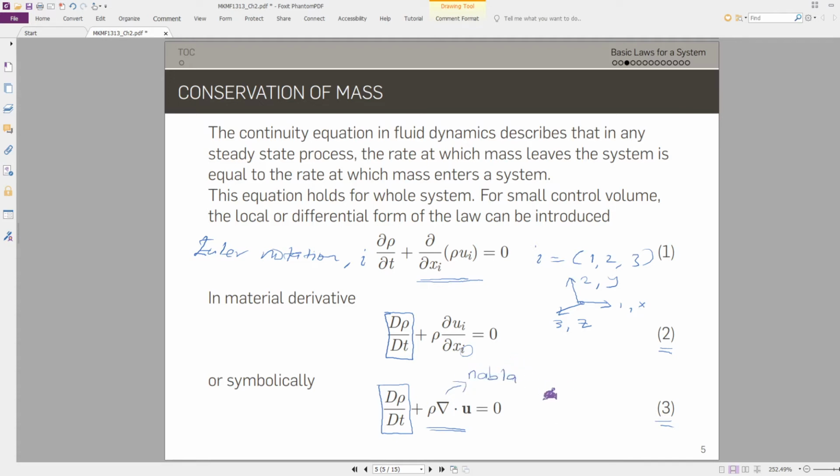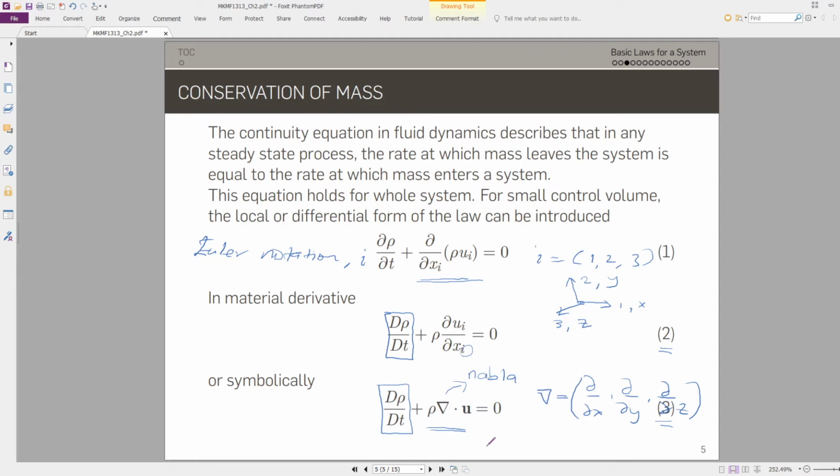Nabla here is actually similar to du i over dx i, which is just d over dx, d over dy, and d over dz. So this is what is represented by nabla here.